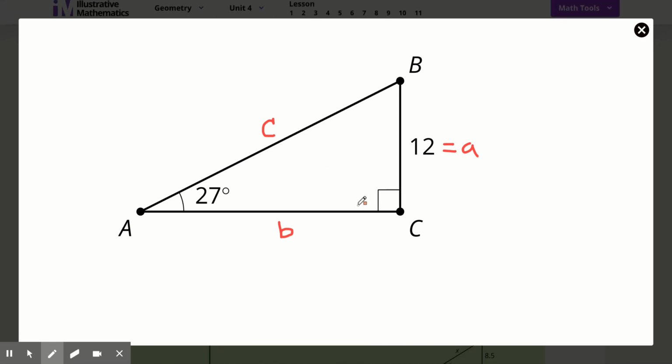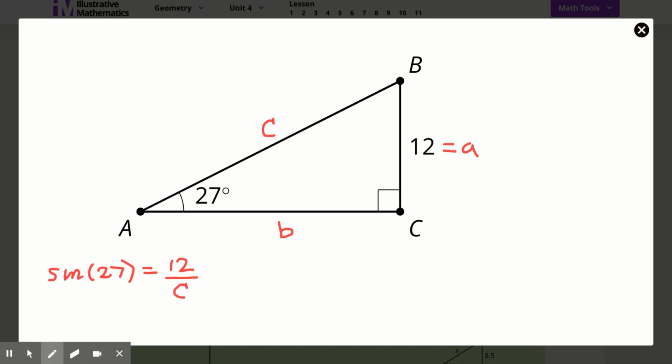A trig function that I can use here is sine to find the value of my hypotenuse. I know it's sine because, for the angle that I do know, I have opposite over hypotenuse. So in order to find that, I just say sine of 27 is equal to 12 divided by C, right?